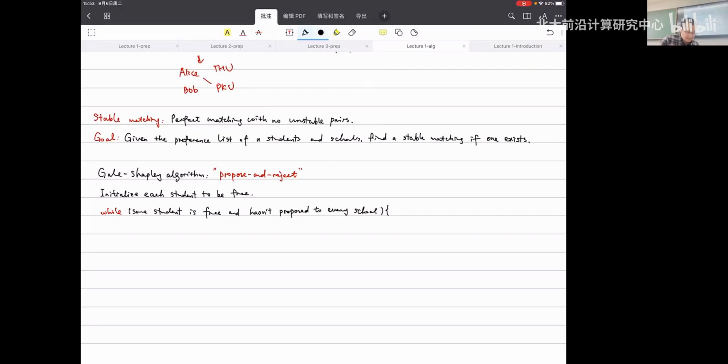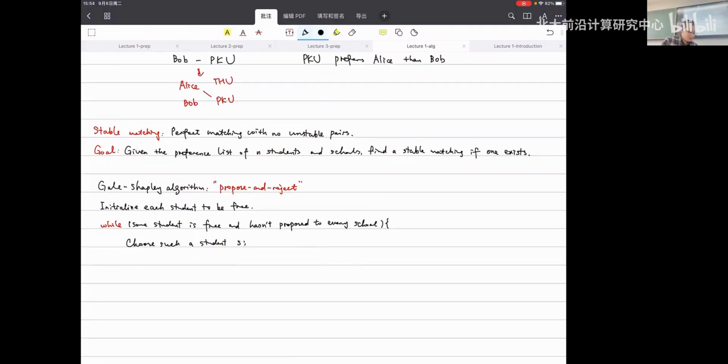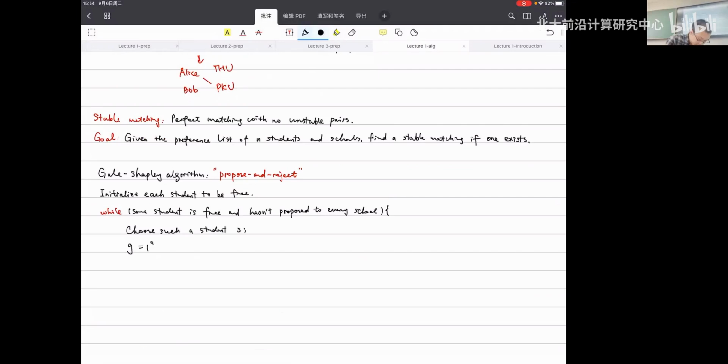While some student is free and hasn't proposed to every school, we first choose such a student S. As we mentioned above, each student lists schools in order of preference from best to worst. So let's denote G to be the first school on S's list to which S has not yet proposed.